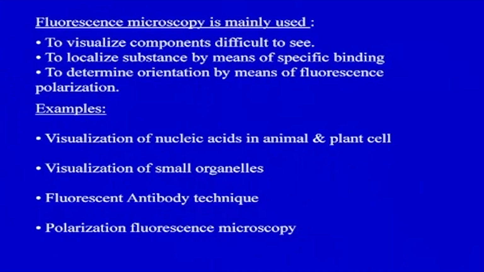Let us take some examples of application of fluorescence microscopy. One is visualization of nucleic acids in animal and plant cells. Acridine orange, one of the dyes, binds to both DNA and RNA, but gives a green fluorescence with DNA, and if dye concentration is high, it gives an orange fluorescence with RNA.